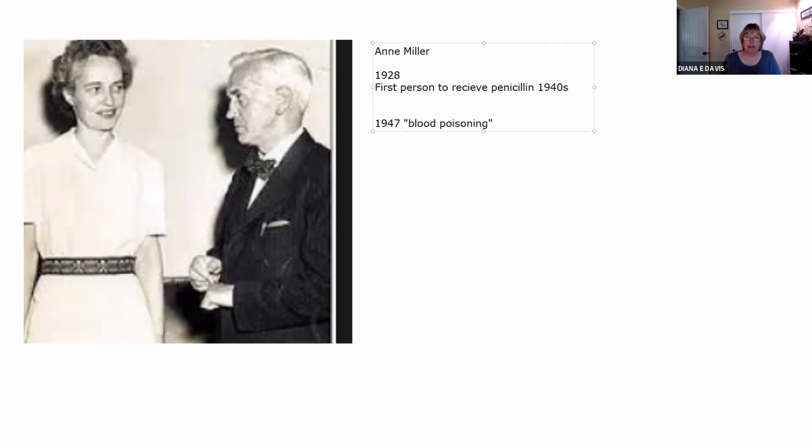She was running very, very high fevers. Her doctor got hold of 5.5 grams of penicillin, which was half the world's supply. The doctor guessed at the dosage. No one had any clue how much penicillin a person needed to take.